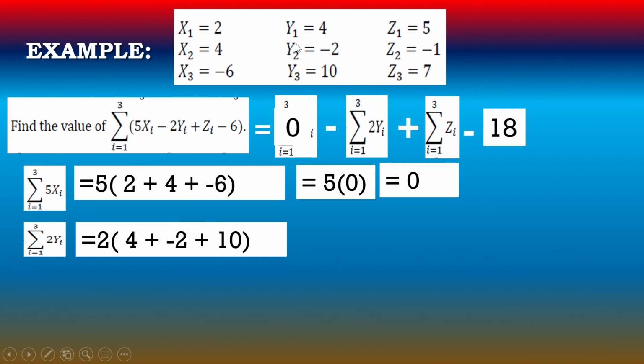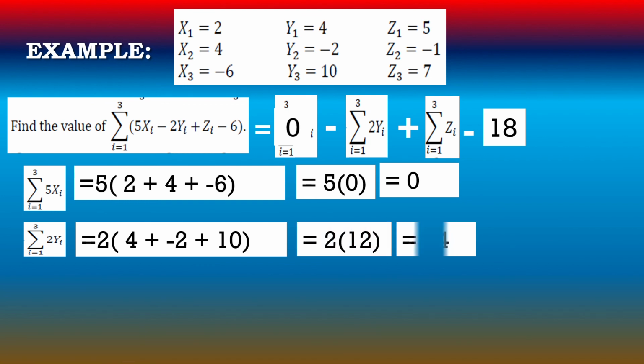So, titingin naman na tayo dito sa values ng mga y. So, substitute natin 4, negative 2, and 10. 4 plus negative 2 plus 10, we will get 12. 12 times 2 is 24. So, ibig sabihin, 24 is the summation of the second term.